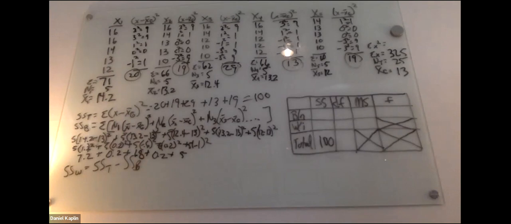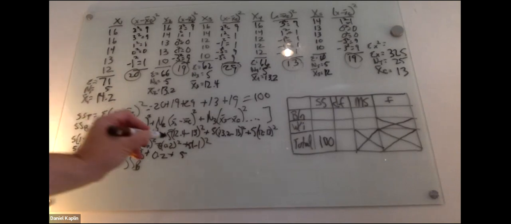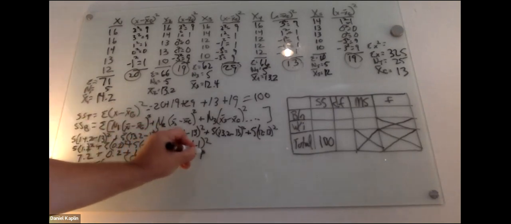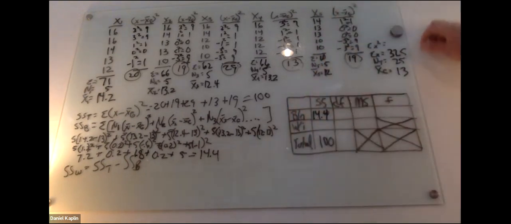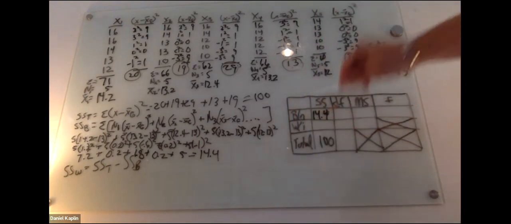If we add that up, we should get a total of 14.4. So now I've calculated my sum of squares between groups.